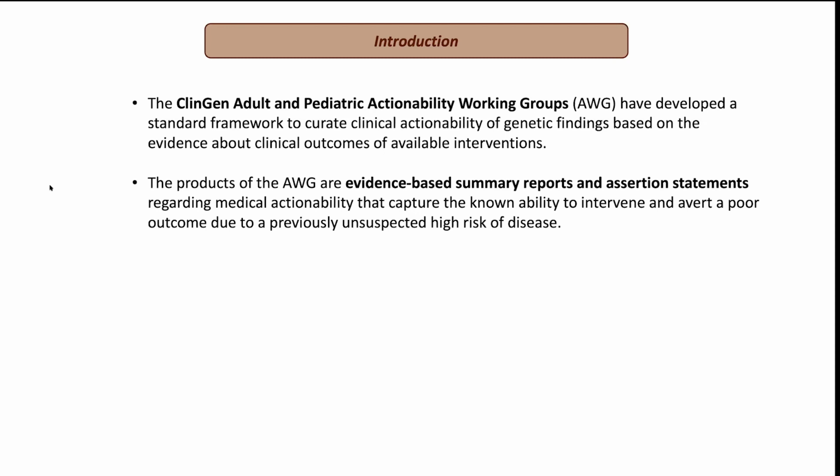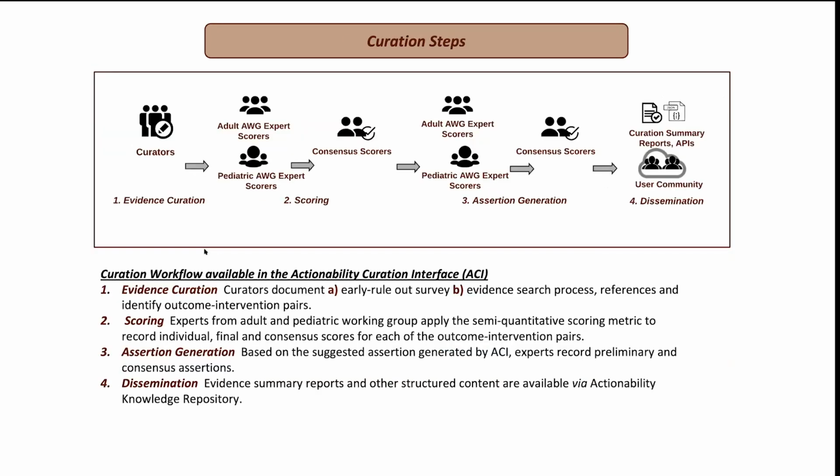So moving on, this one more slide is just to give context about what exactly happens in the curation, and what we'll be looking at is the dissemination, which is towards the end of the curation. But before we go there, there is a detailed, standardized process of curation that happens inside the Actionability curation interface.